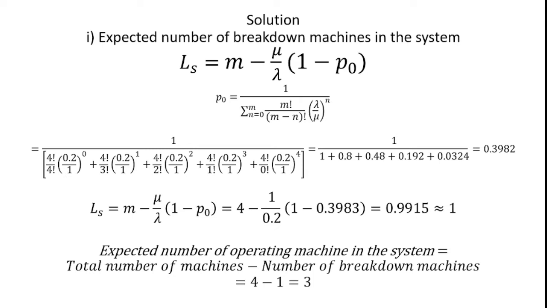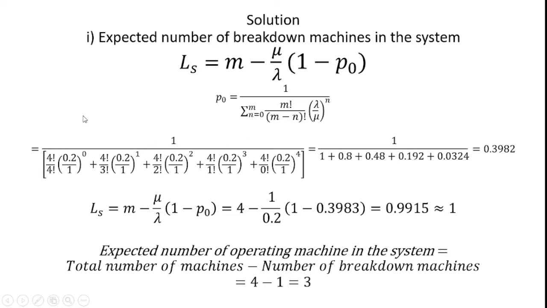Small m is equal to 4, which means the total number of machines is 4. So 4 minus 0 is equal to 4, giving 4 factorial divided by 4 factorial, into lambda by mu.